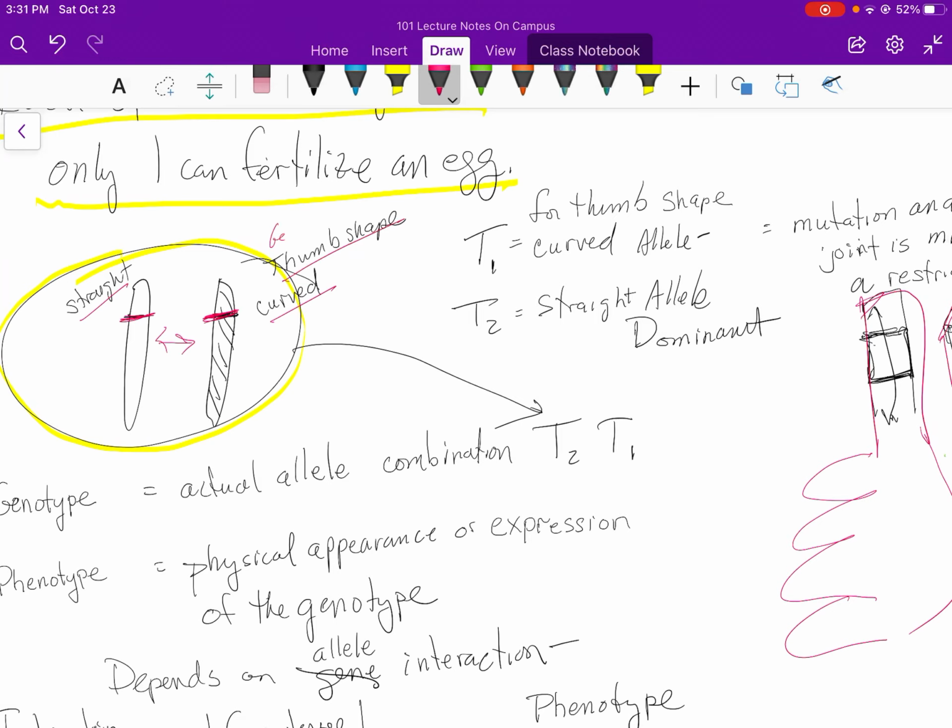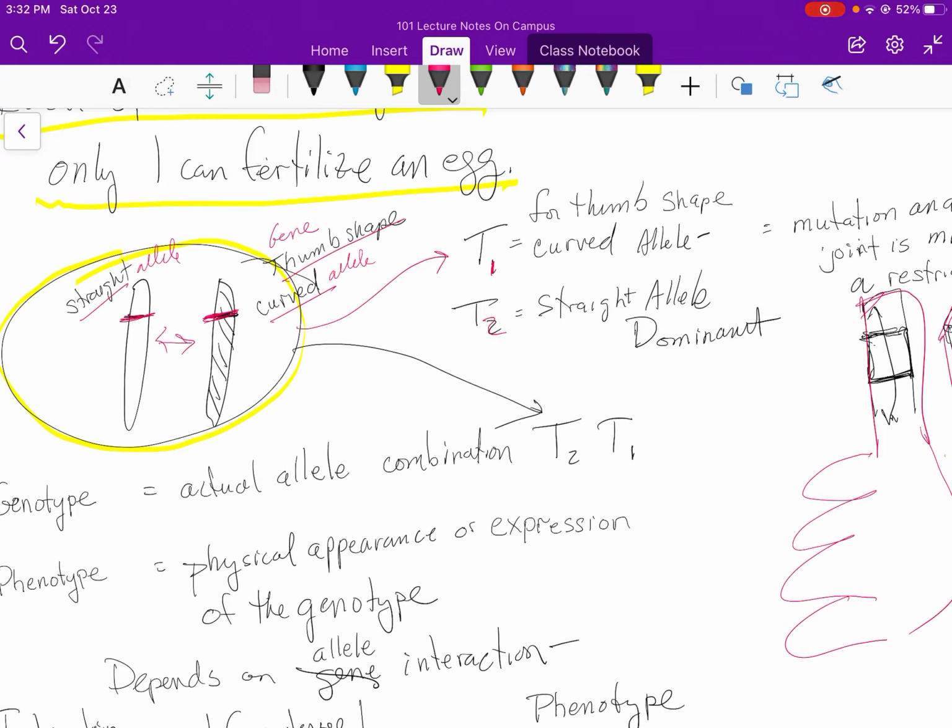That's what we call the gene, and this is the curved allele, and we have the straight allele. And I've labeled them over here. We can look at T sub 1, I'm calling it, for thumb shape with the curved allele, and T sub 2 with the straight allele.